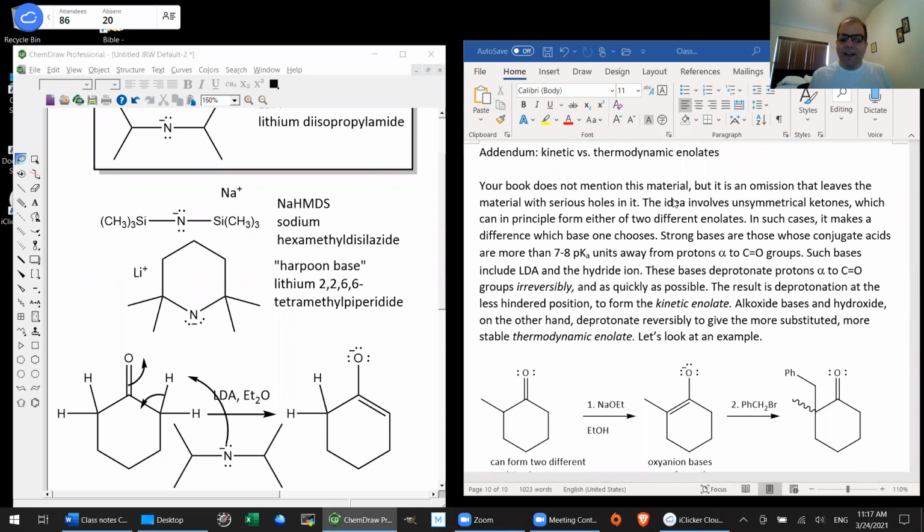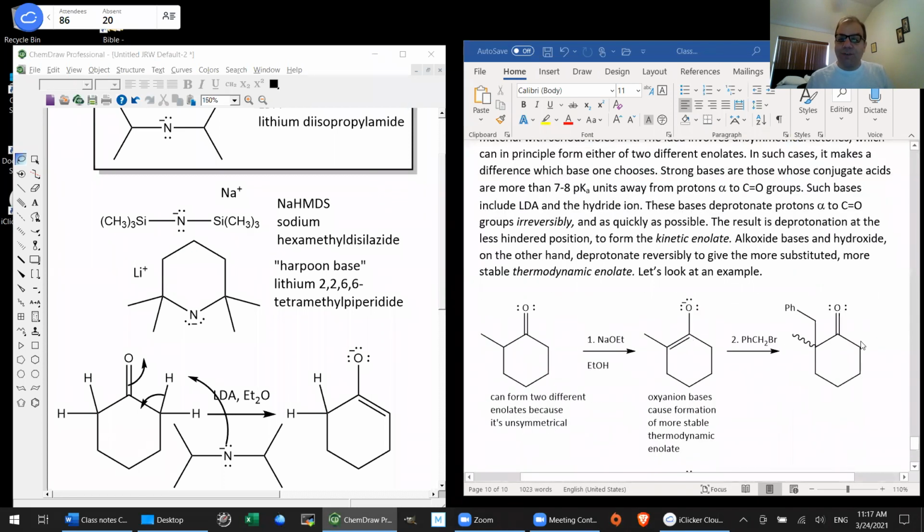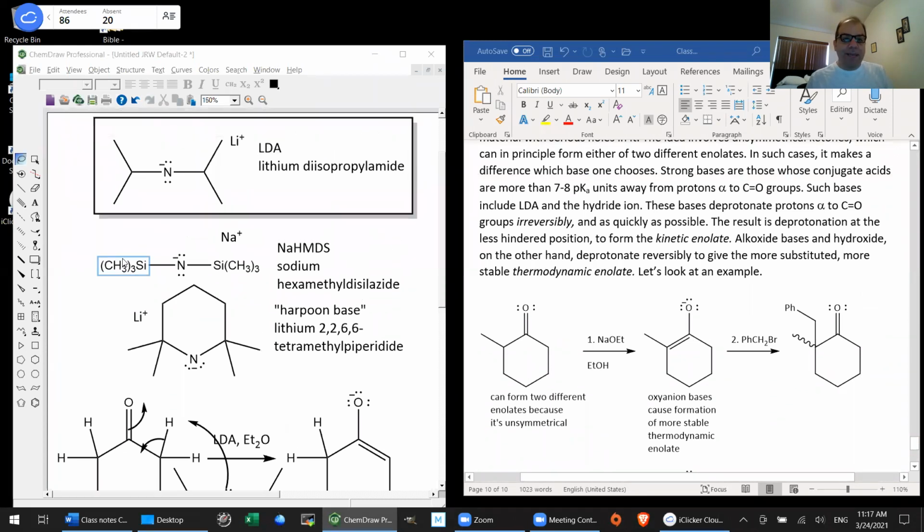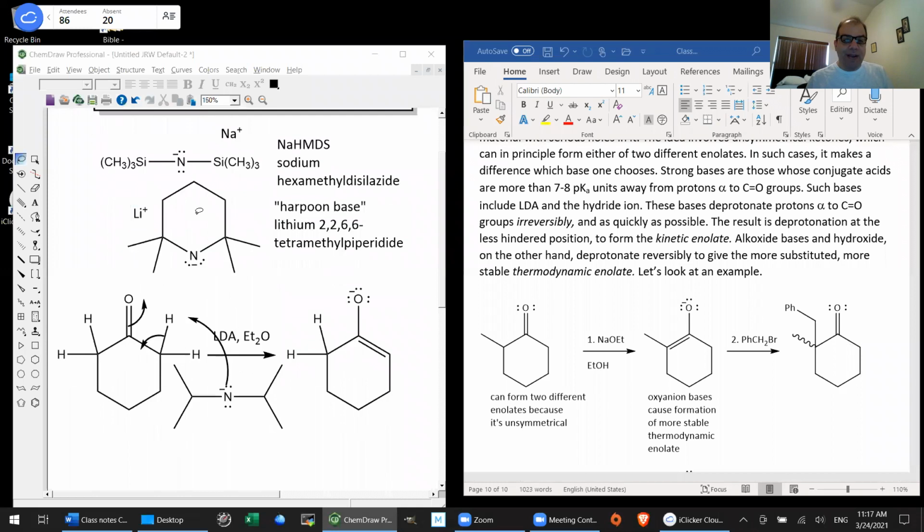So it turns out that not all carbonyl compounds are created equal when it comes to forming the enolates. Down here in our example, I had picked cyclohexanone, which is symmetrical. What if the carbonyl containing compound is not symmetrical?